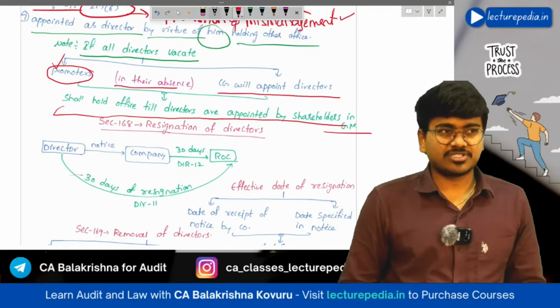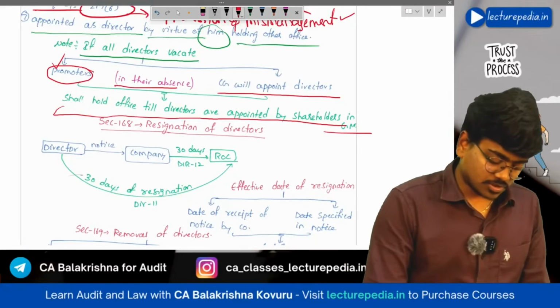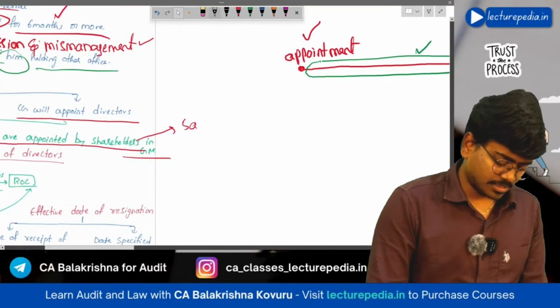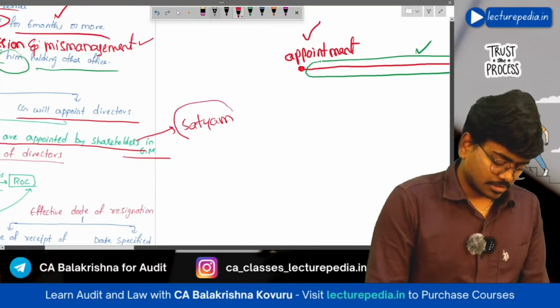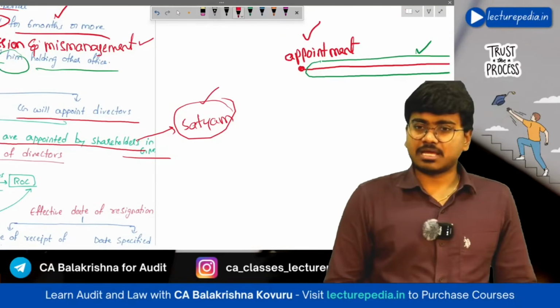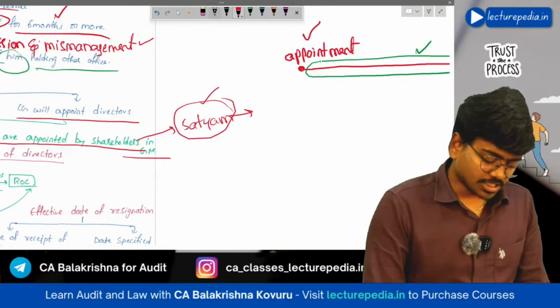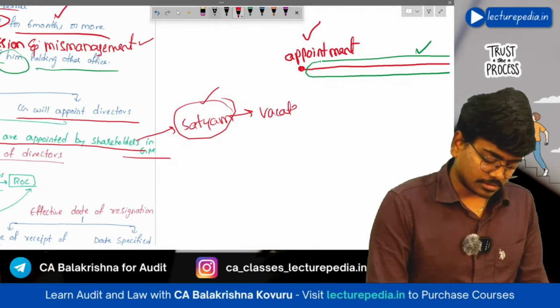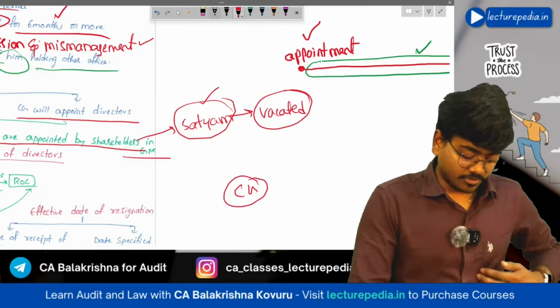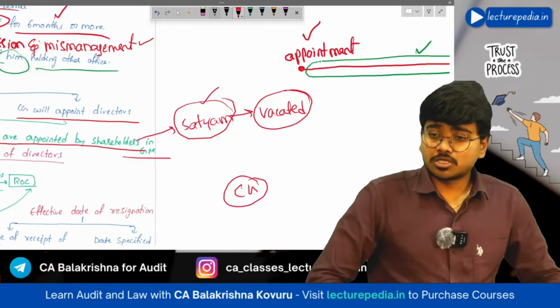Basically, this type of scenario has happened in the case of Satyam, and in many other companies. When the Satyam scam took place, all the directors vacated. Then the central government came. Promoters were also not there.